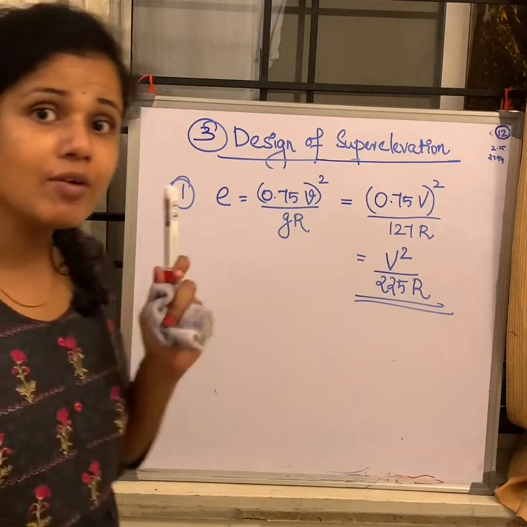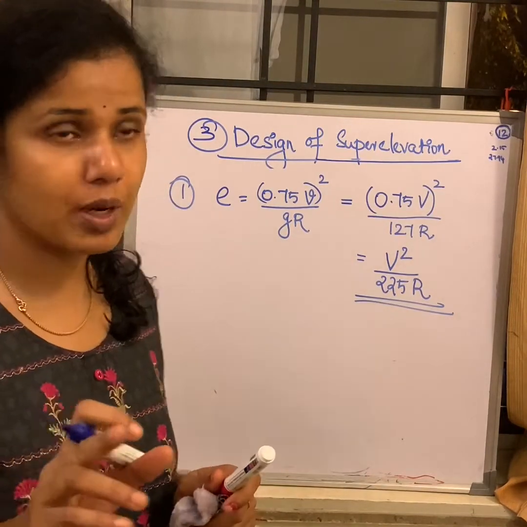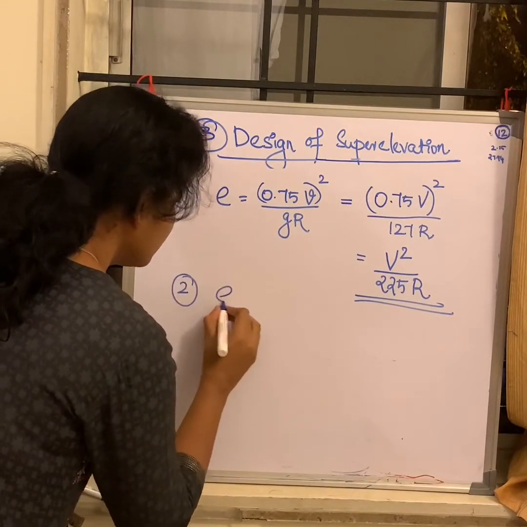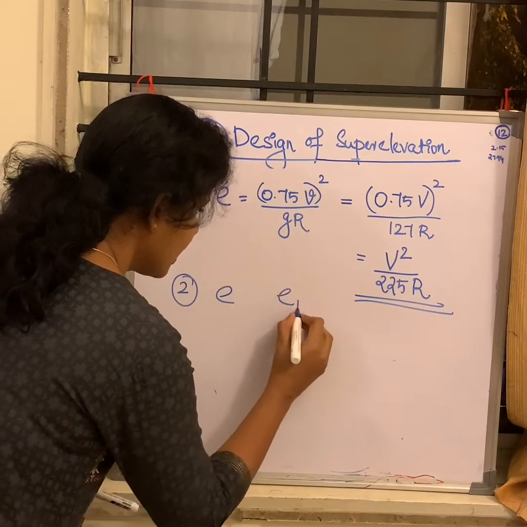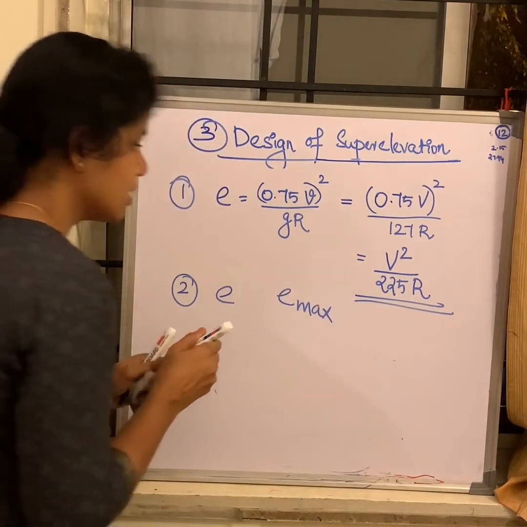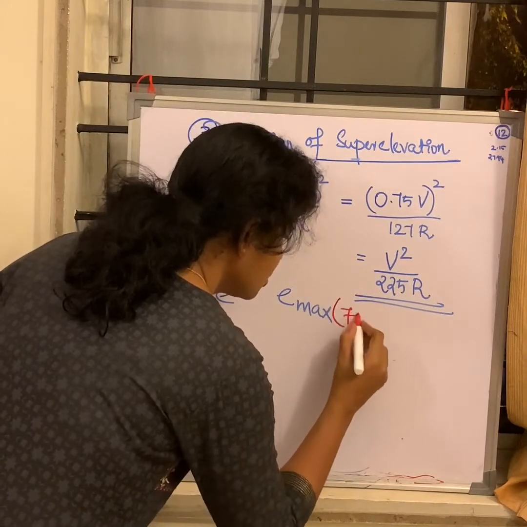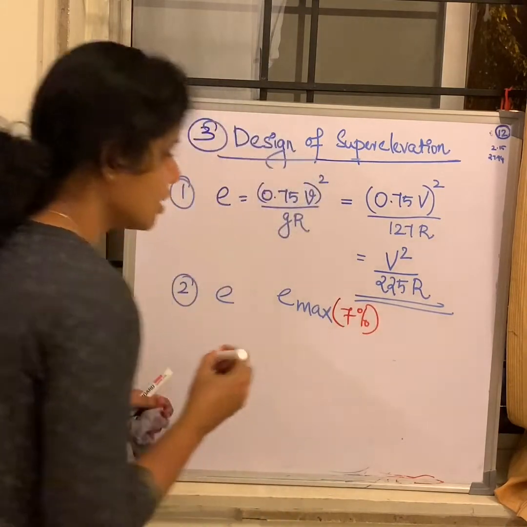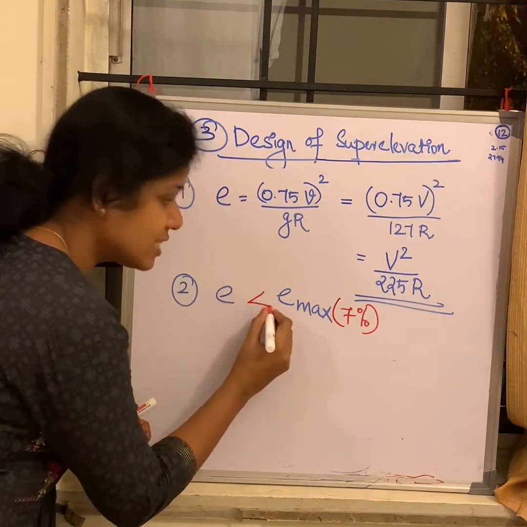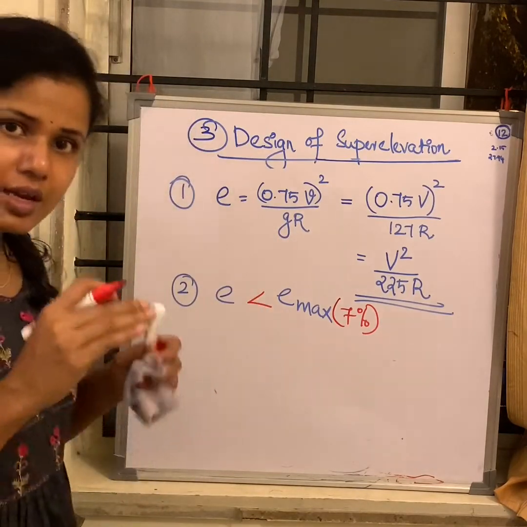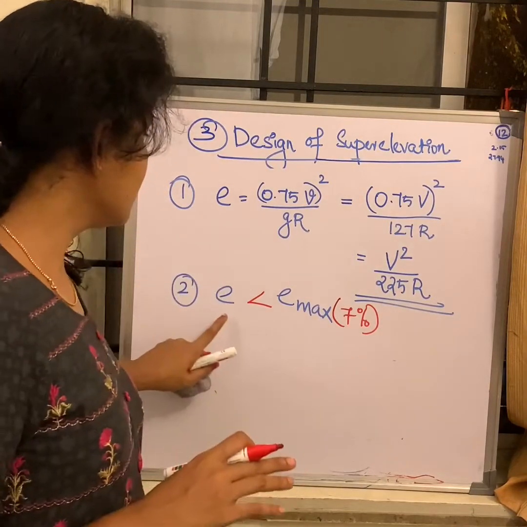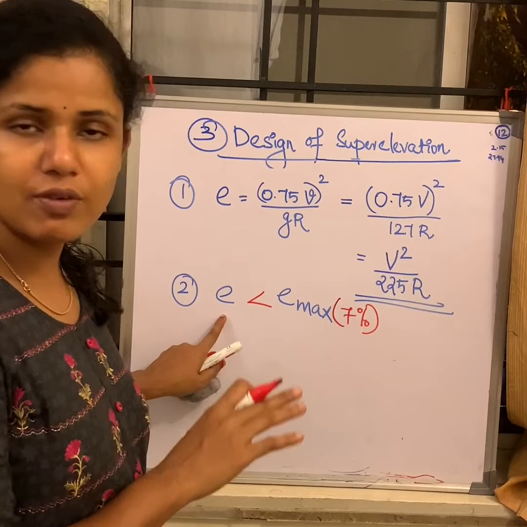Now, you calculated how much the super elevation is. Now, you have limiting criteria for your super elevation. So step 2 is to check the E value we got and compare it with your E max. How much is E max? E max is limited to 7%, 0.07. If this calculated E value is less than E max, less than 7%, one can proceed with the design calculation of super elevation we calculated.